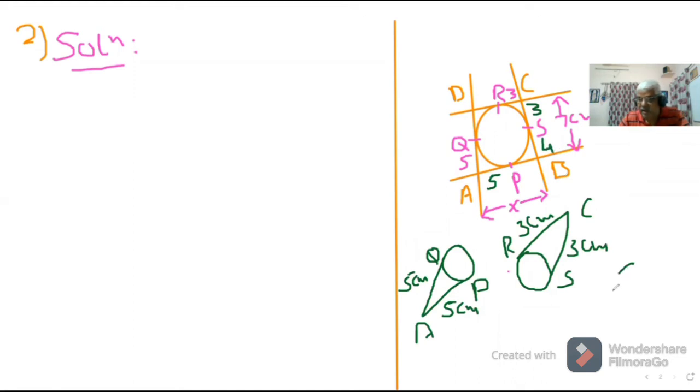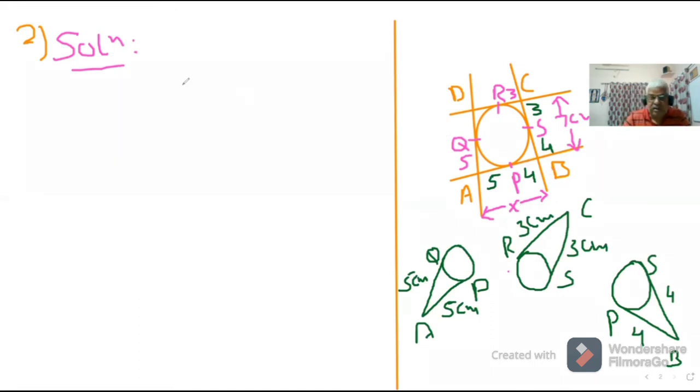Next, consider the same circle, and the tangents from the external point: S, B, and P. Here this is 4 centimeter, so here also you will get 4. Therefore, the overall measurement, 5 plus 4, gives you 9 centimeter, the measurement of the given line AB.